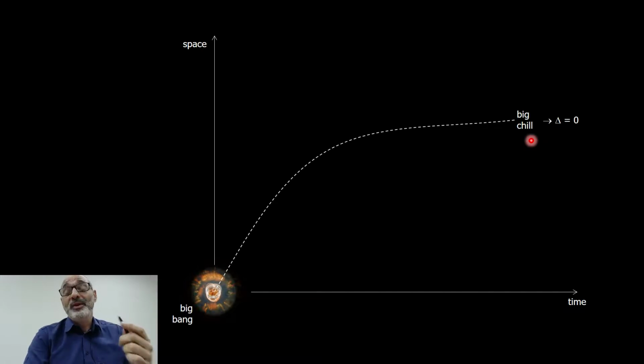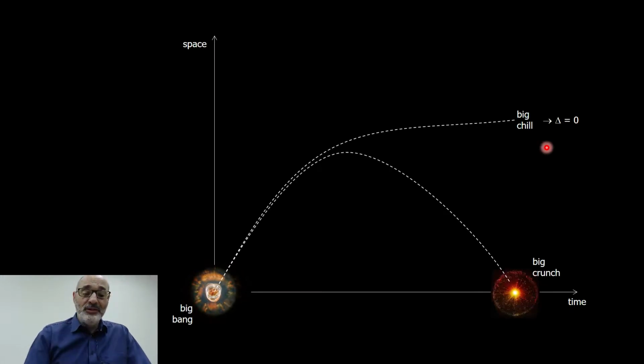Okay, so this is one possible end for the universe. You know, there are other possible ends. Okay, this is what I call the thermodynamic view of the universe's future. Depending on the amount of mass, especially dark matter and dark energy, if there's enough dark matter in the universe, sometime in the future it's going to start attracting and contracting the universe, and it's going possibly to end in what they call a big crunch.